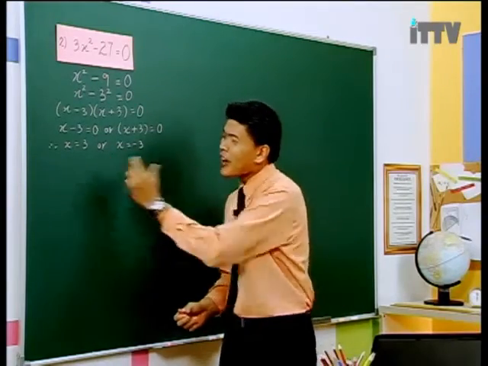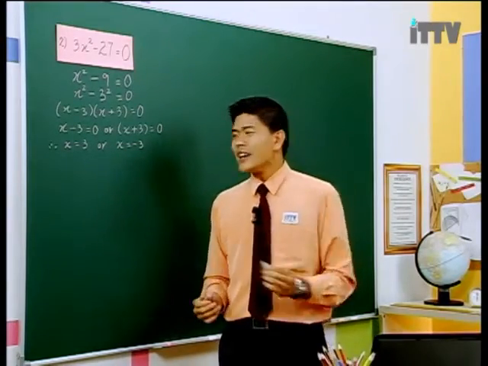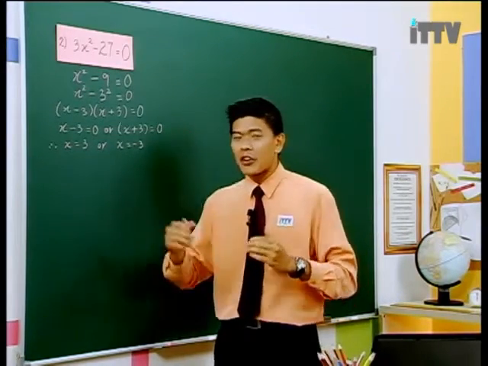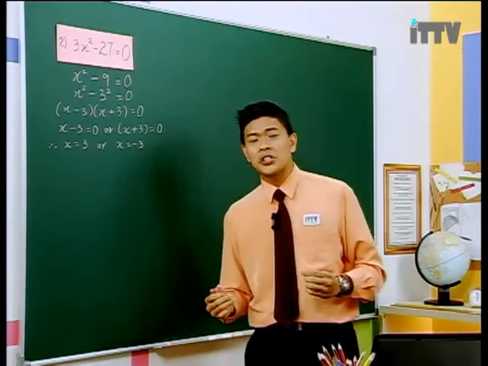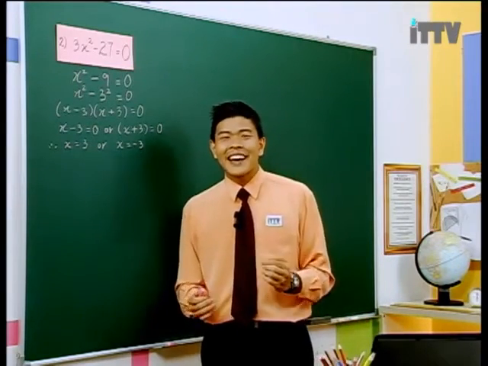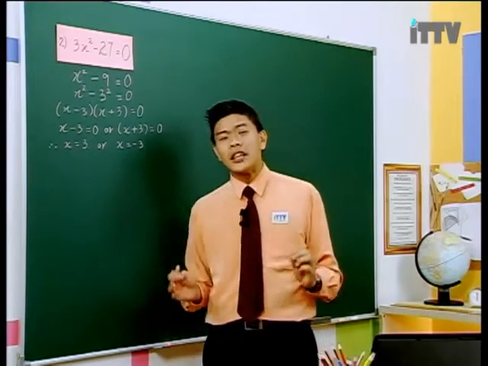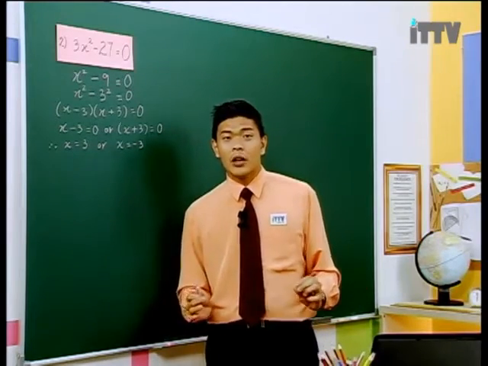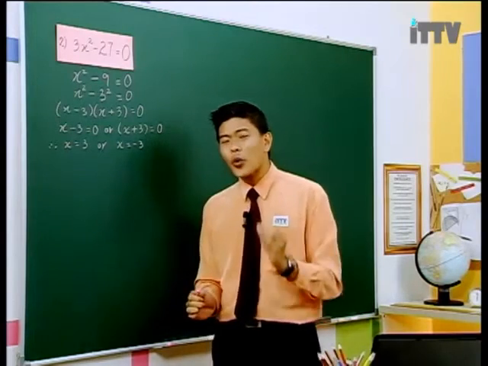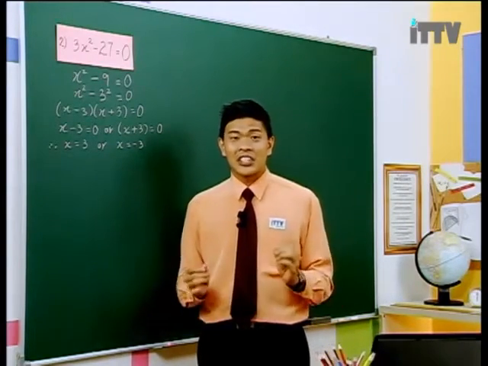Remember, when you find the values of x, only these two values will satisfy the equation. And remember, what does it mean by satisfying the equation? When you substitute these values of x inside, the left-hand side will equal the right-hand side. Alright, so factorization gives you the values of x quickly and without any hassle.